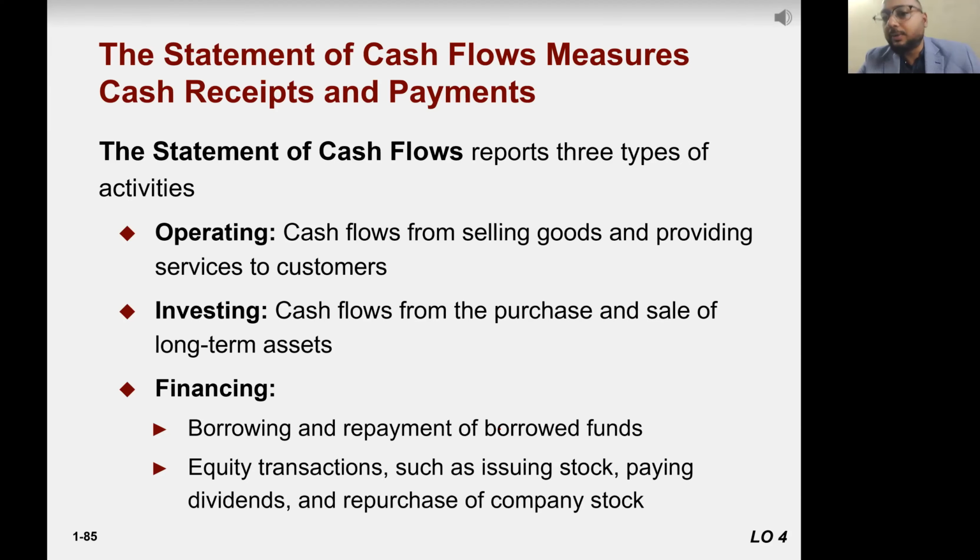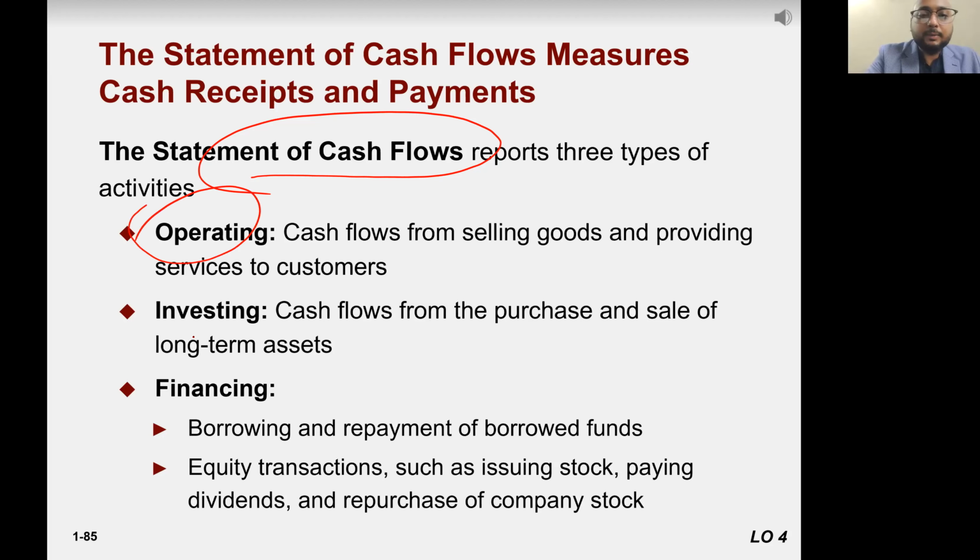Now the statement of cash flows, which shows what is happening to the cash, where cash is being spent, and basically the inflow and outflow of the cash. Simple. How much cash is coming in and how much cash is going out. Only cash transactions, which means non-cash items like depreciation are not going to be recorded here. It reports three kinds of cash flows: investing, operating, and financing.